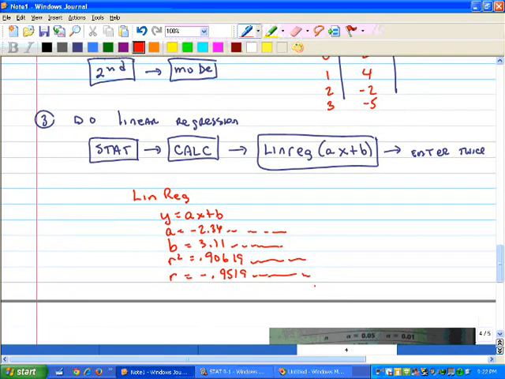What the calculator just did was gave you the equation of the line of best fit.